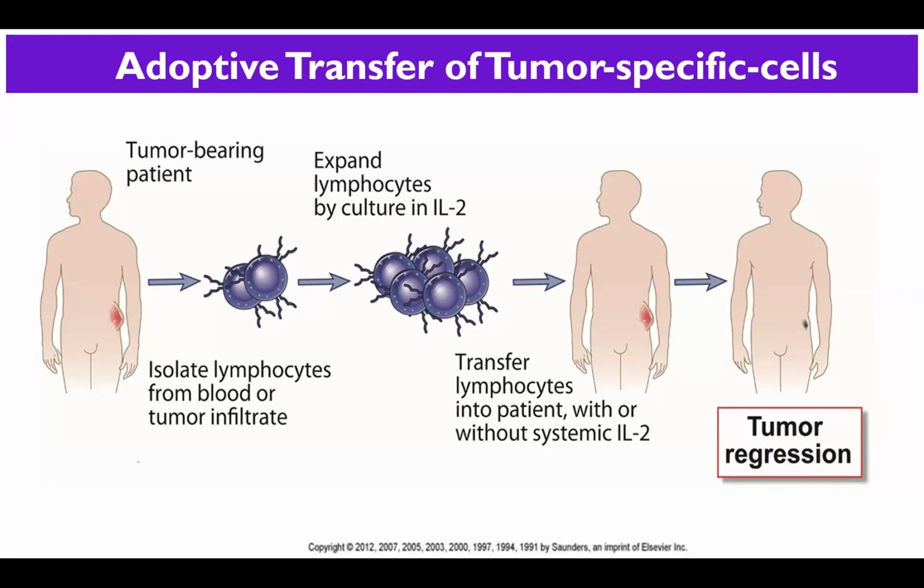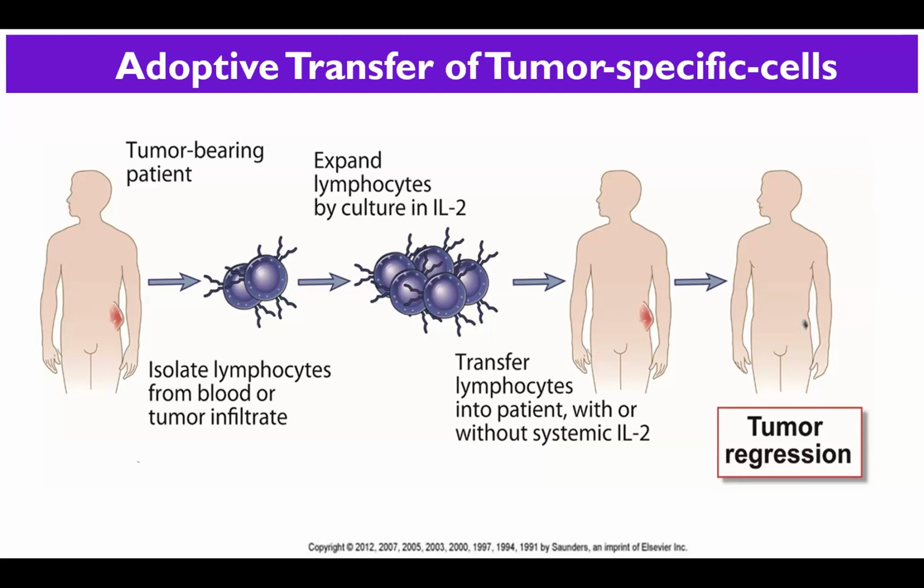By then, they are able to detect that the host has generated some level of T-cell responses. So they get the tumor, and they also get some lymphocytes from this individual. Then they stimulate the lymphocytes, or the T cells, in vitro. There is a combination of growth factors and so forth involved here that promote expansion of those T cells.